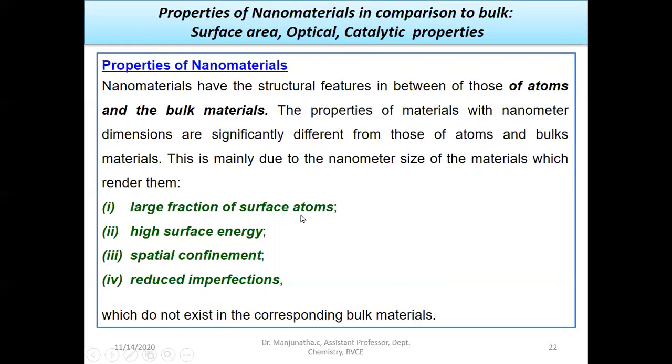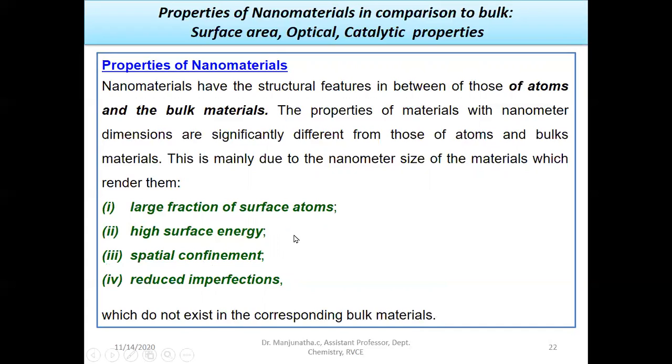More surface atoms are exposed, meaning surface area is increased. If you go from bulk to nano, a large fraction of atoms are exposed. And nanomaterials have higher surface energy than their bulk counterpart. And nanomaterials are spatially confined, which is also called quantum confinement.